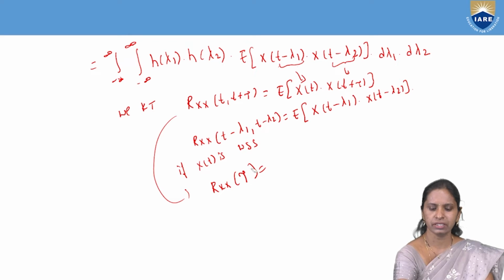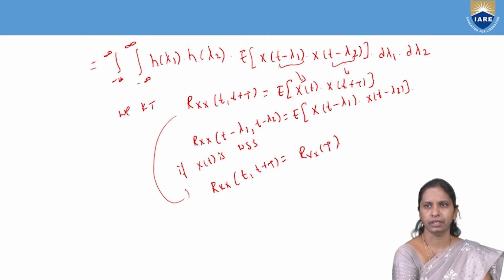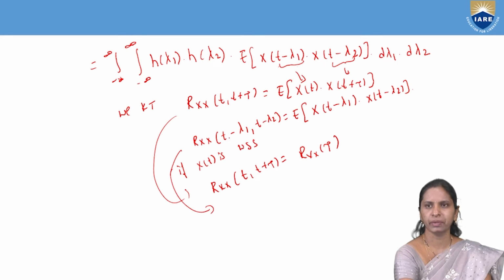So Rx of t comma t plus tau is equal to Rx of tau only. Similarly, here in place of t we have t minus lambda 1, and in place of t plus tau we have t minus lambda 2. Then what can I write here?